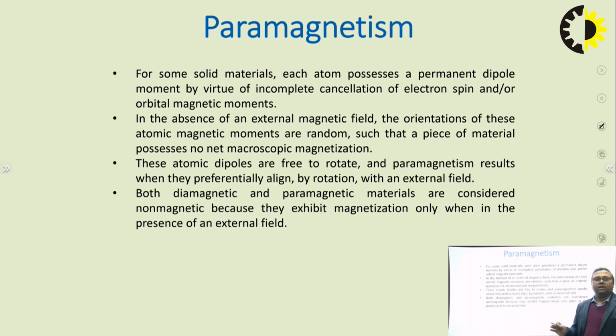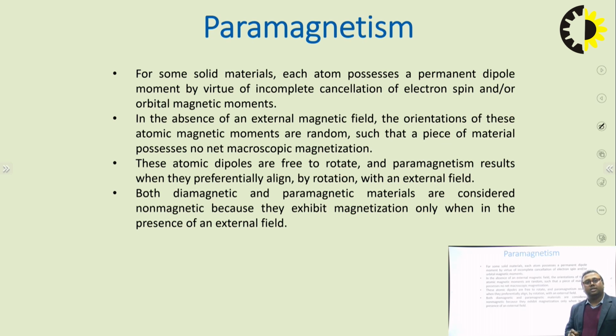A small piece of material possesses no microscopic magnetization, so these atomic dipoles are free to rotate, and paramagnetism results when they preferentially align by rotation with an external magnetic field.